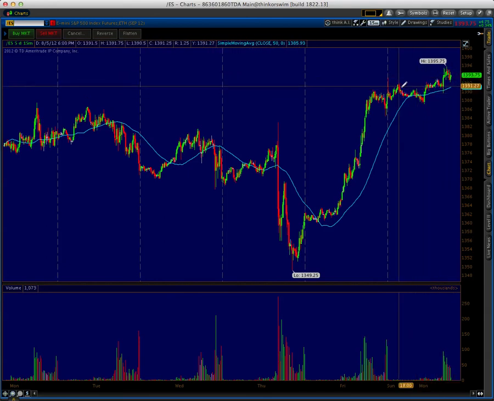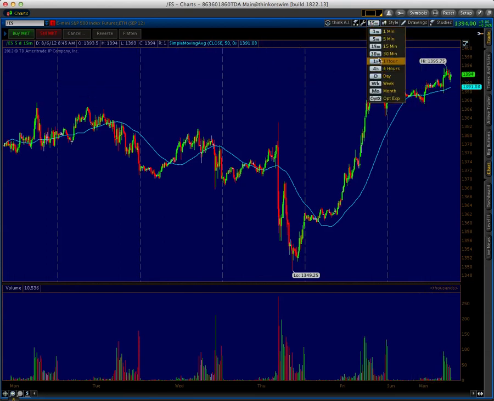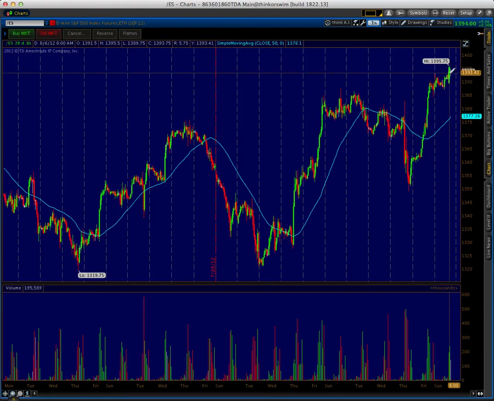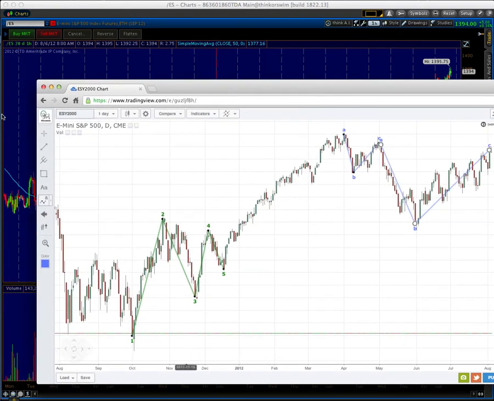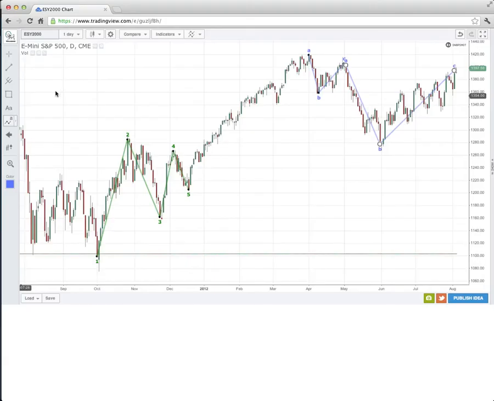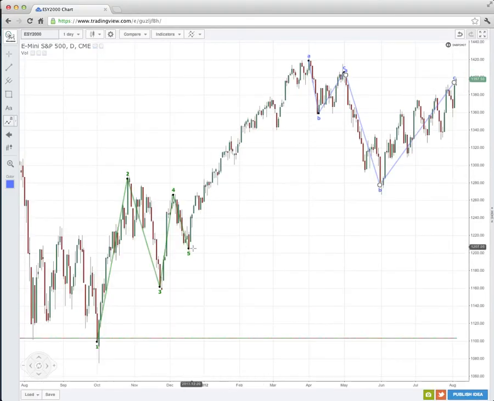So I got short in here, taking a little bit of a loss, but this is more of a swing trade because I was basing it off the hourly chart. So the ES looks like a good chart. It's seeing some resistance. Plus, it's looking like it's getting to the end of the Elliott wave pattern.